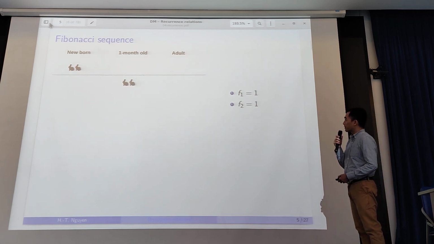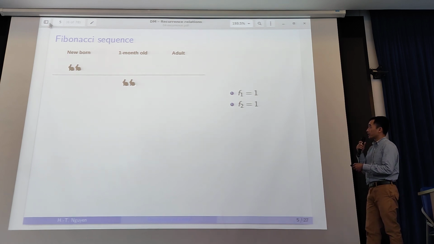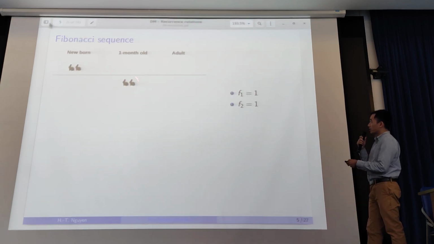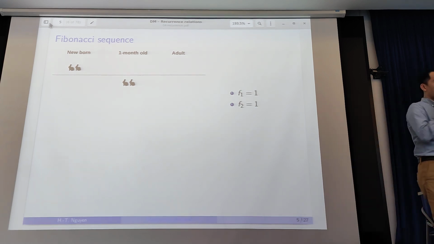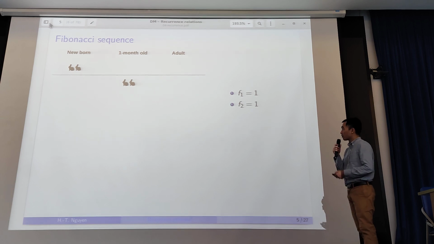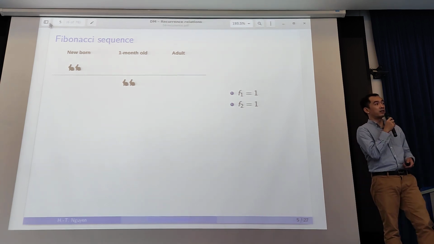After 1 month, this pair of rabbits is still 1 pair, but they are not newborn anymore. They are 1 month old and not ready to reproduce. So at the second month, we still have 1 pair of rabbits on the island.